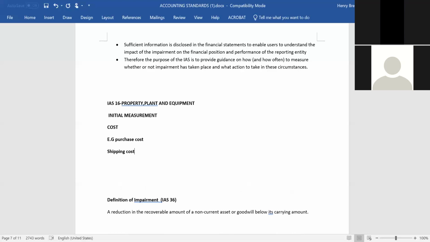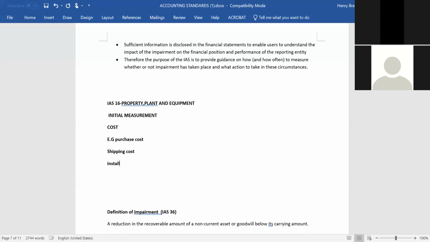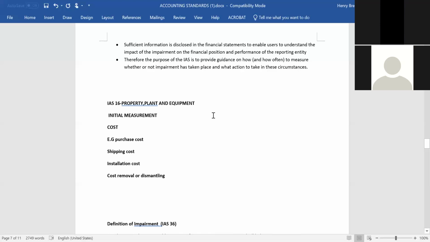Shipping costs will also be capitalized. Let's say installation costs, just giving some examples. Installation costs, maybe cost of removal or dismantling. This is also a relevant cost, or cost of decommissioning. All these costs will be capitalized as the total cost of the asset.